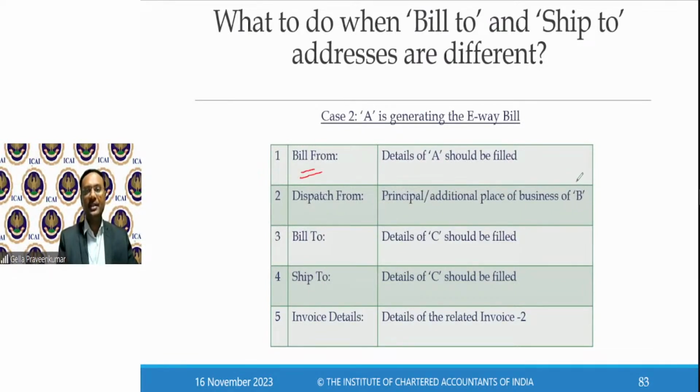For dispatch from, he will mention the place of B. Bill to is Mr. C. Ship to is the address of Mr. C. Invoice details, the invoice of Mr. A, will be given. The profit made by A on the purchases made from B is kept silent. So this is how I prepare my bill to ship to model e-way bill.